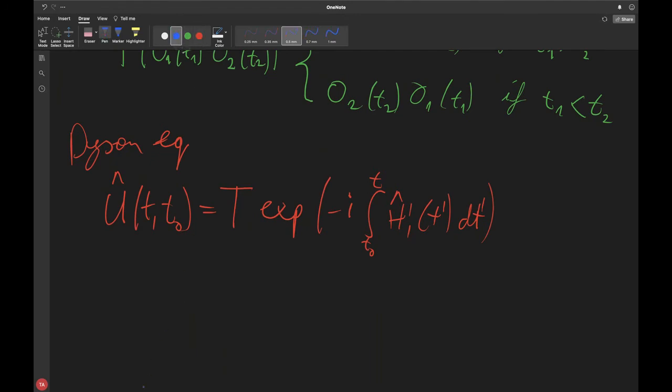So what we usually use instead is the expanded form.